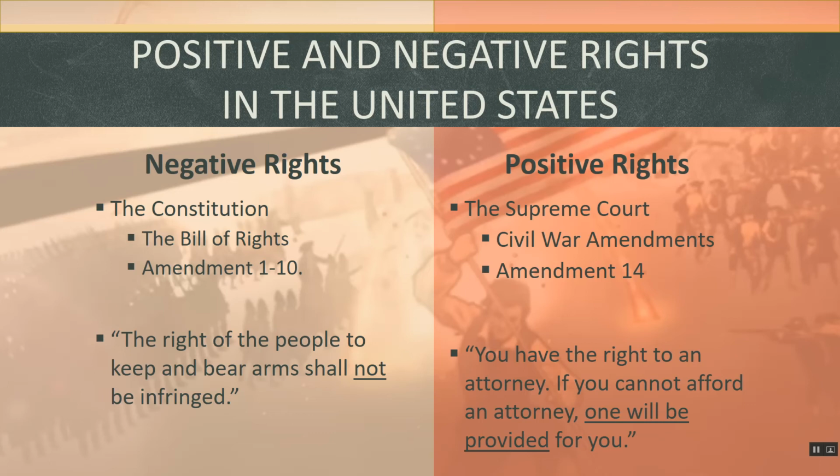So the most obvious example of this that I can think of is your right to an attorney. You have a right to an attorney. If you cannot afford an attorney, one will be provided to you. But more broadly speaking, I want you to understand that the legal doctrine of positive rights in our country boils down to a legal standard called the Equal Protection Doctrine. And the Equal Protection Doctrine tells us that we are entitled to be protected from unequal treatment on the basis of certain characteristics in certain settings.